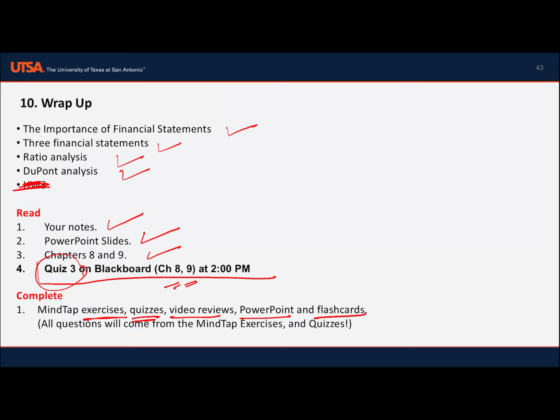Look at them and solve all the questions. All the questions will come from the MindTap exercises and quizzes.